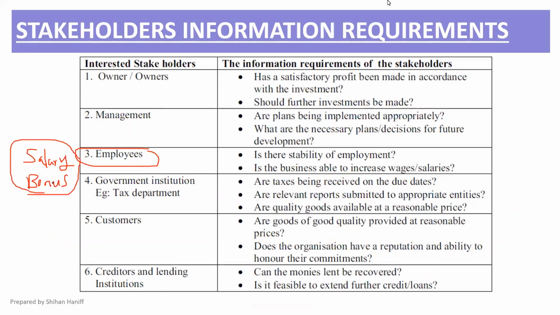Based on that, they will make the decision of staying in the business or leaving the business. They see the stability of the employment, or whether they can increase their wages or salaries.